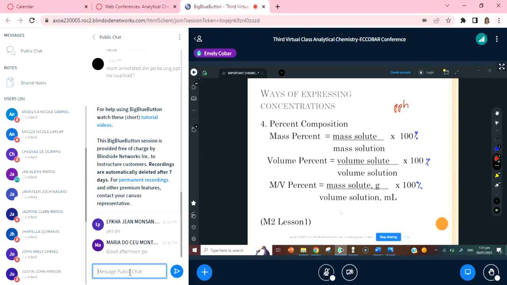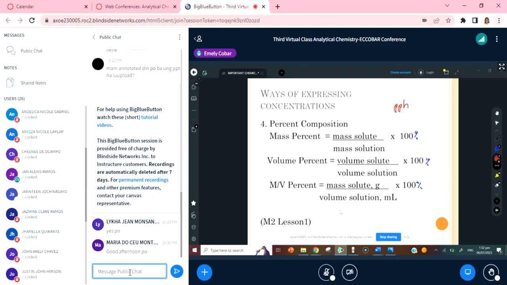And percent means multiplied by 100. The component of our solution is the solute, so mass of the solute, and our solution is made up of solute and solvent, the mass of solution. If we multiply this by 100%, what we have now is called mass percent.